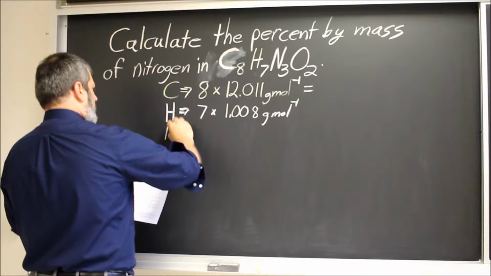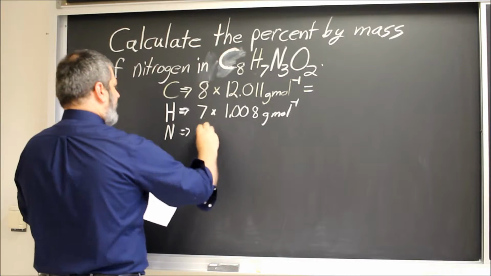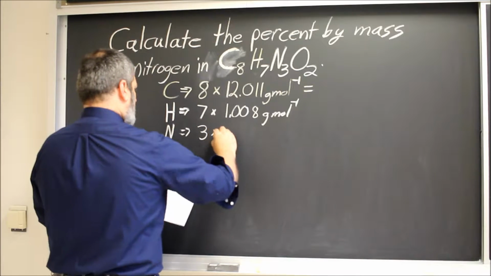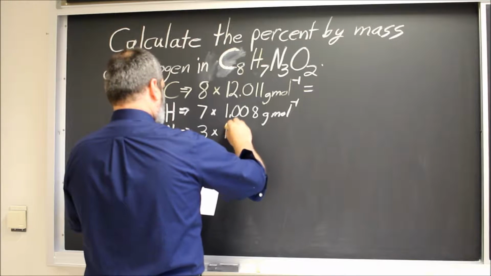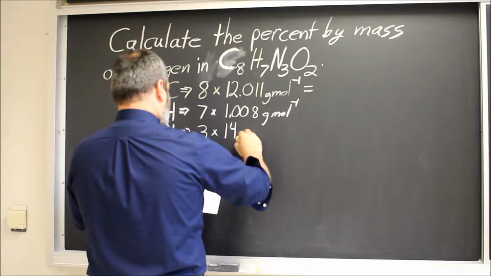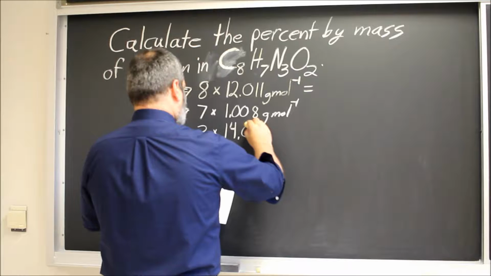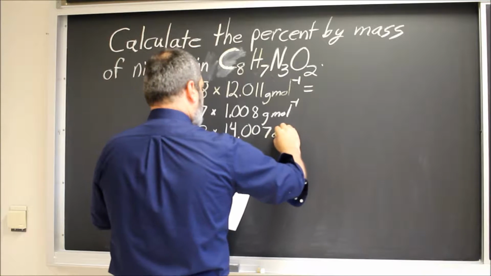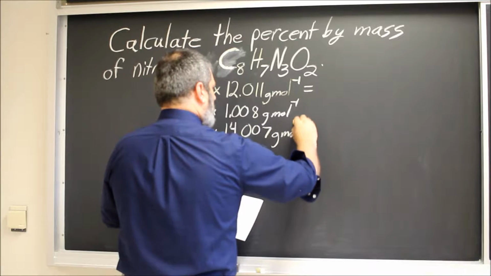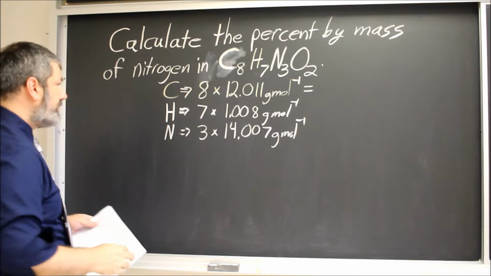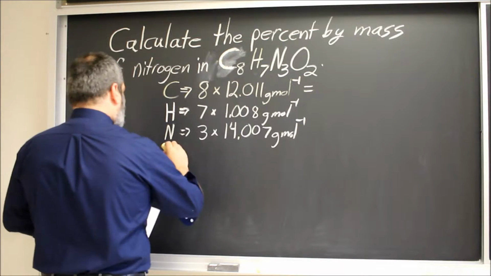Nitrogen, we have 3 nitrogens. Nitrogen weighs 14.007 grams per mole. And oxygen.